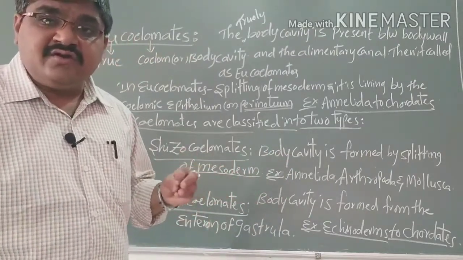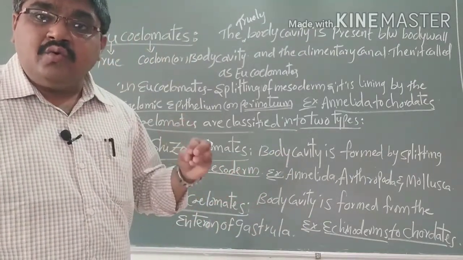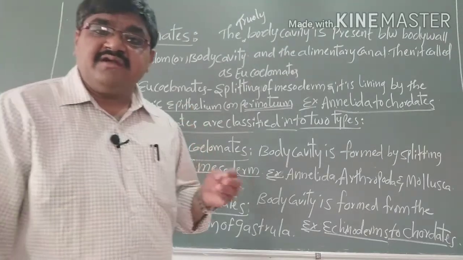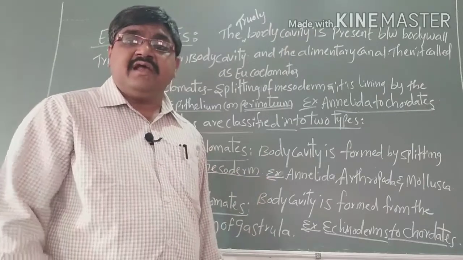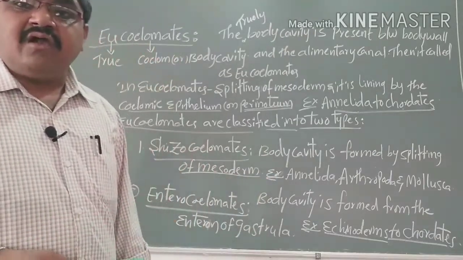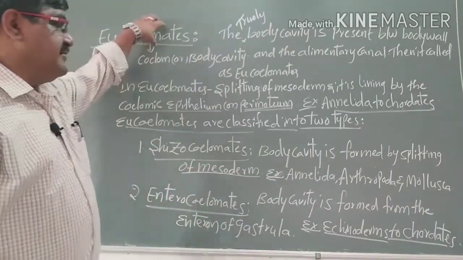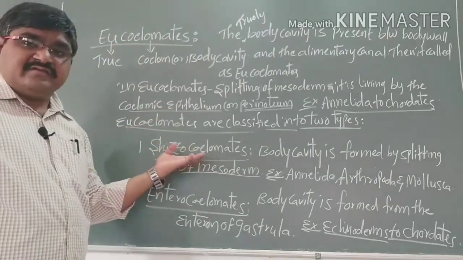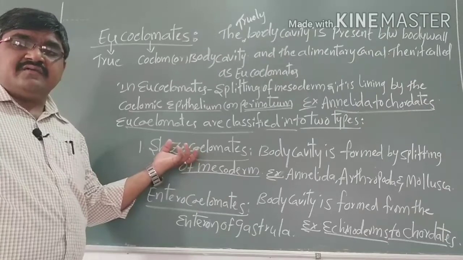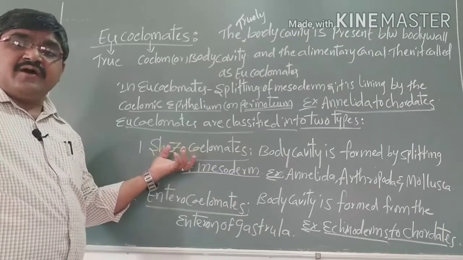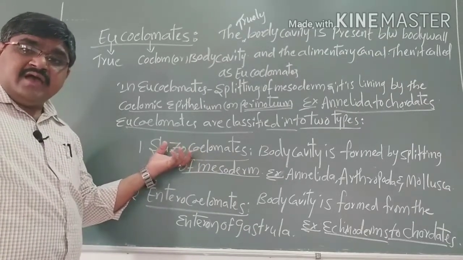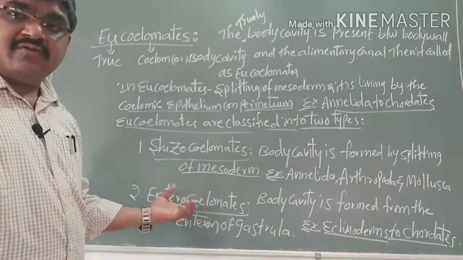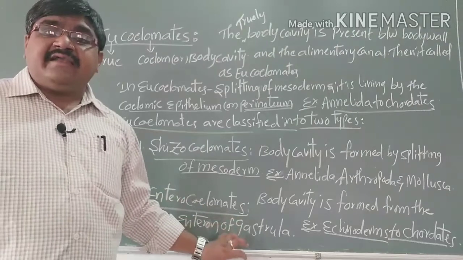But in eucoelomates we have a true body cavity present between the alimentary canal and the body wall. Then we call them eucoelomates. Again, eucoelomates are classified into two types: isocoelomates, formed from the splitting of mesoderm, and enterocoelomates, which are formed from the enteron of the gastrula.